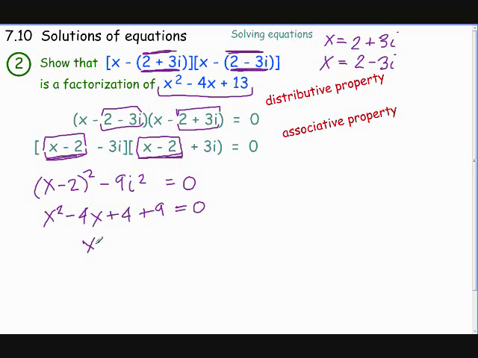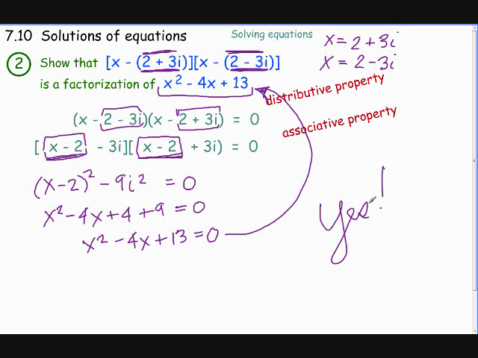So x squared minus 4x plus 13 equals 0. It's true. Look, there it is. It's a match. Hallelujah. That's great. We did prove it. Yes. Okay.